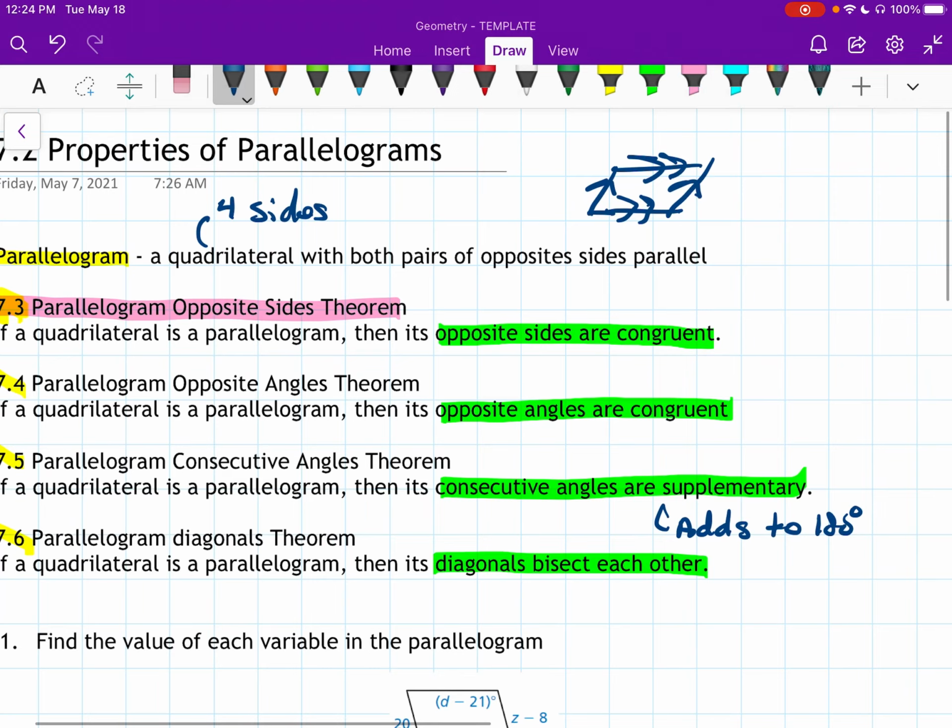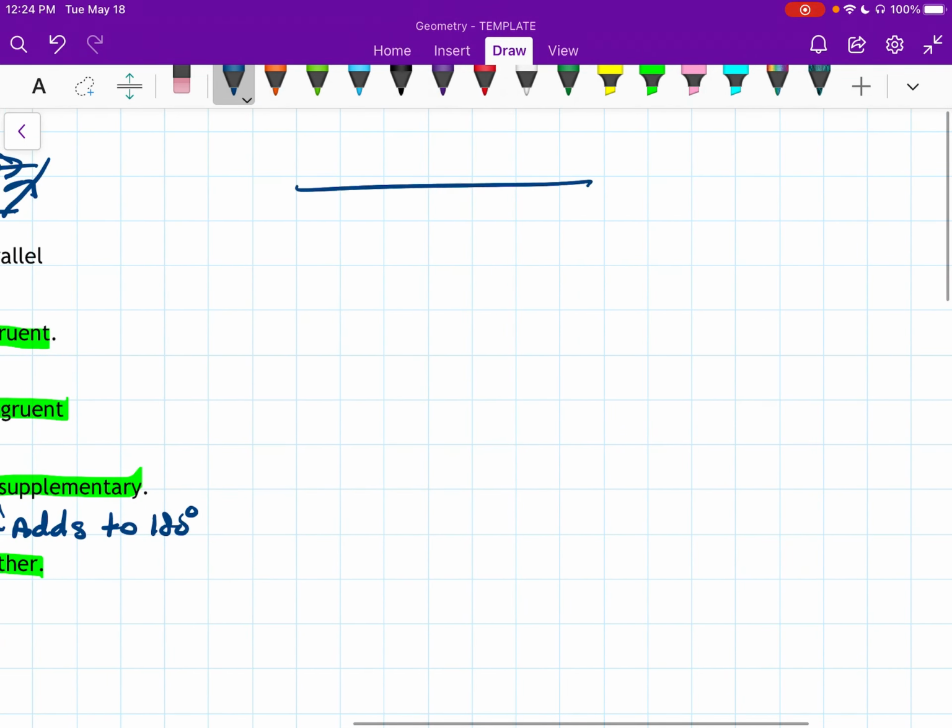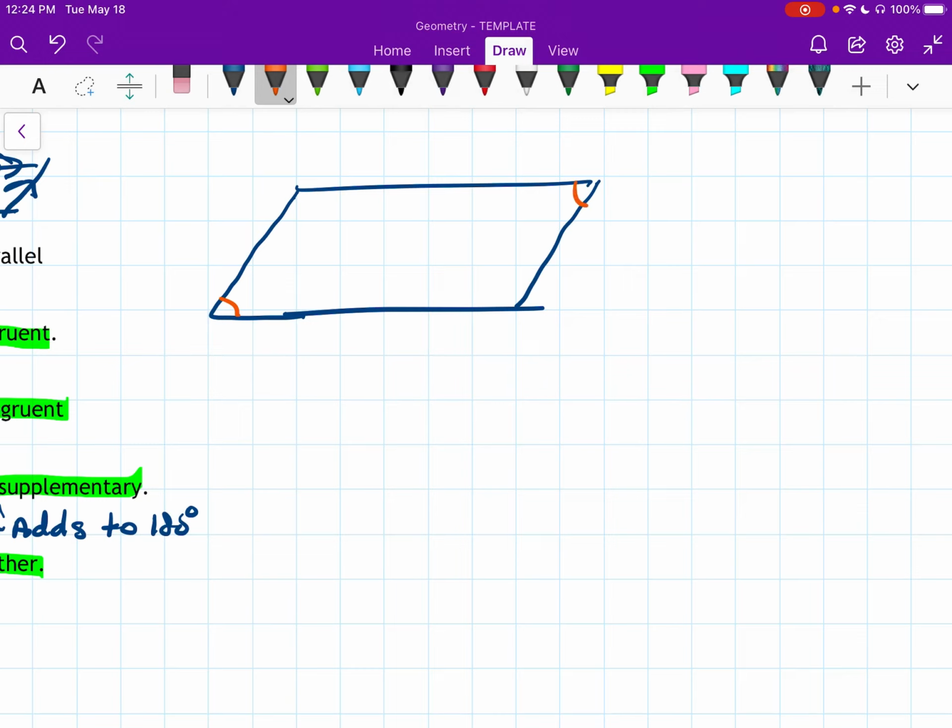Now, in a picture, let me draw a picture here. All right, there's my picture. What this tells us is that the opposite angles are congruent, like that. Opposite sides are congruent, like that. It tells us that if this is A and this is B, A plus B is 180, right?